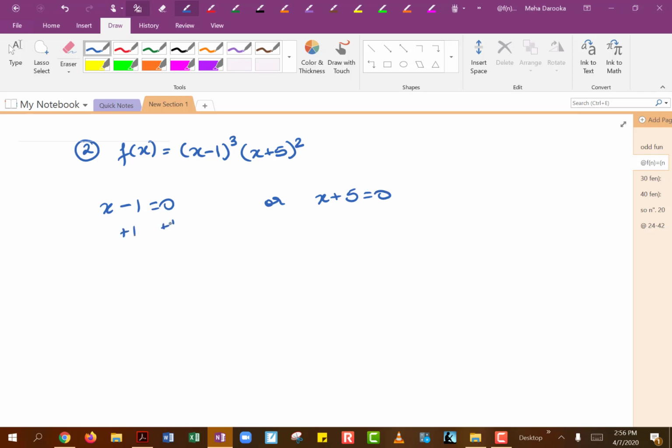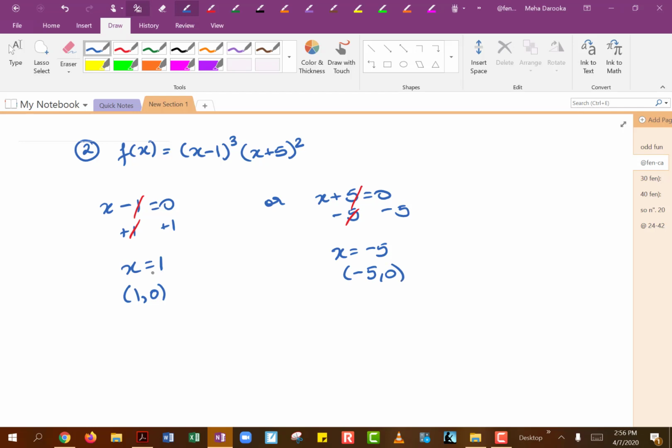Let's move 1 to the other side. This is going to be the ordered pair (1, 0). And then we are going to move 5 to the other side. So this becomes the ordered pair (-5, 0). These are our x-intercepts.